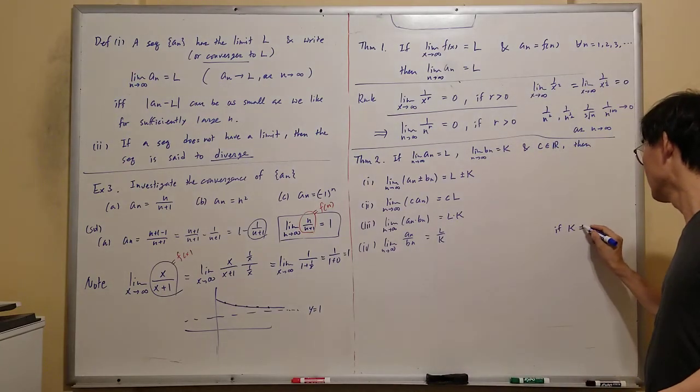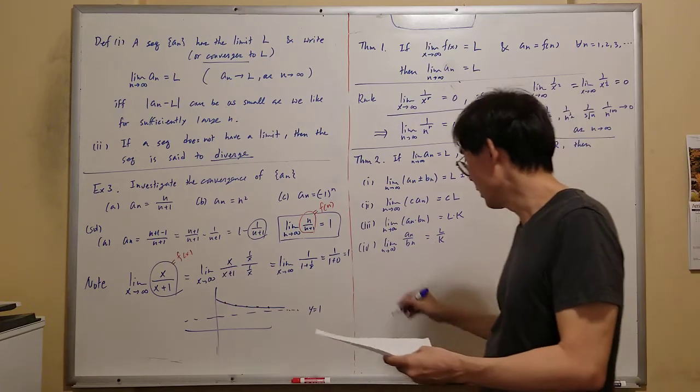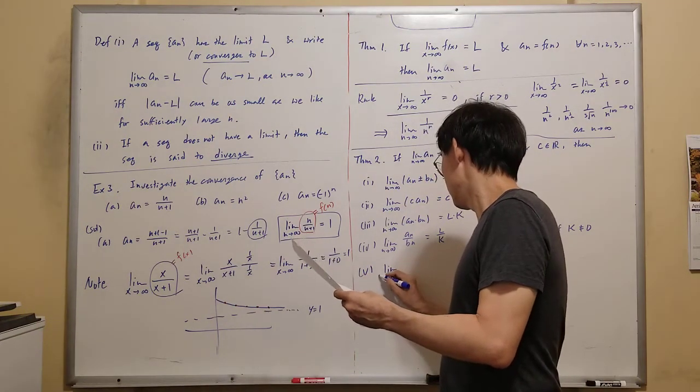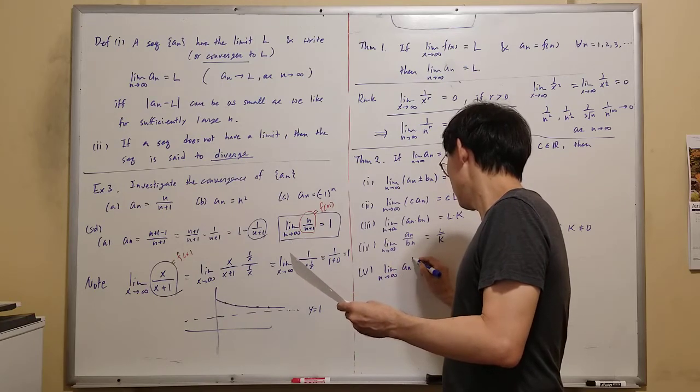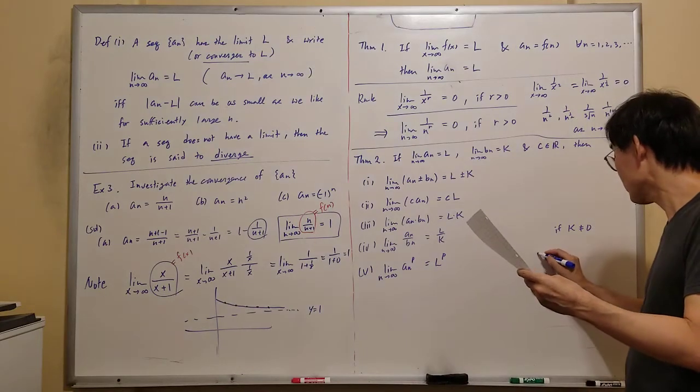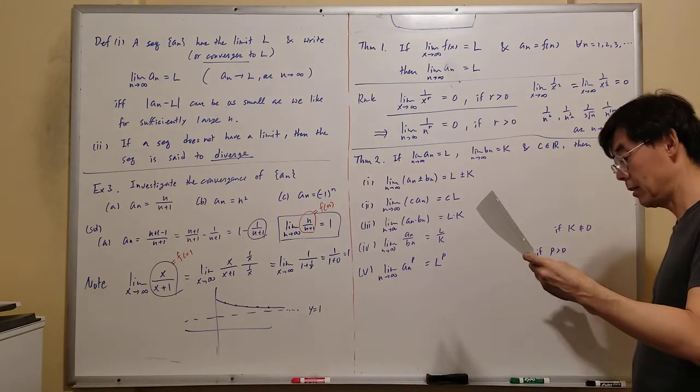If k is not 0, I'm going to write something here, and L to the p, where p is positive.